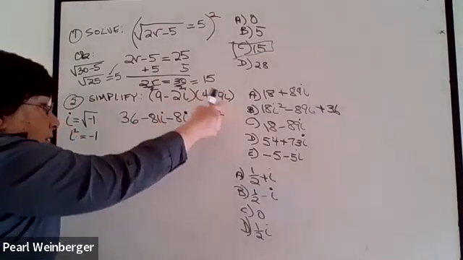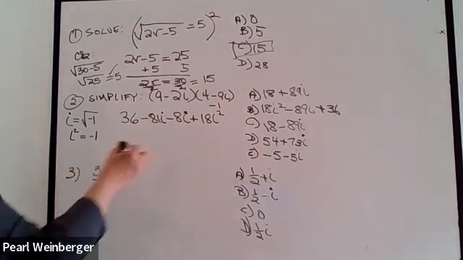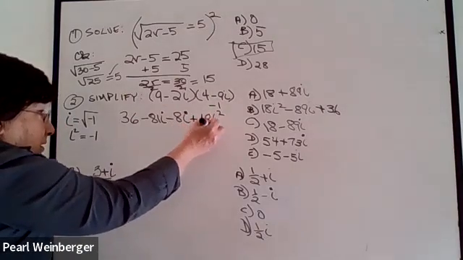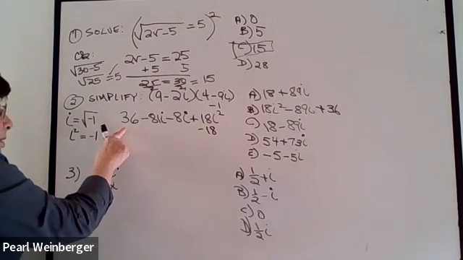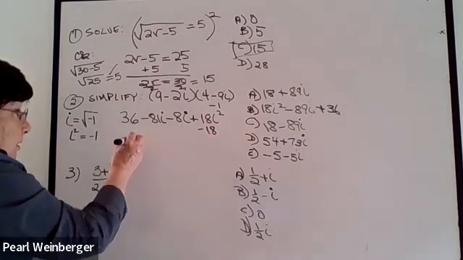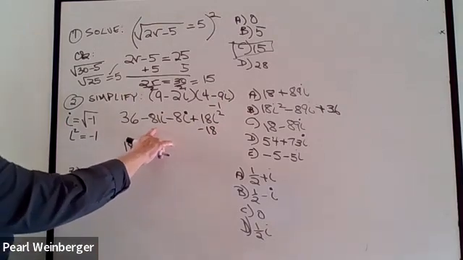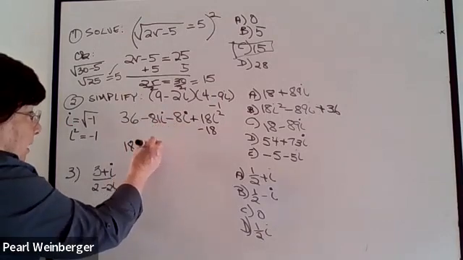So whenever you come across an i squared, I replace it with -1. So this will give me 18 times -1, which is -18. So now I can combine the 36 minus the 18, which will give me 18. And the negative 81i minus the 8i gives me negative 89i.